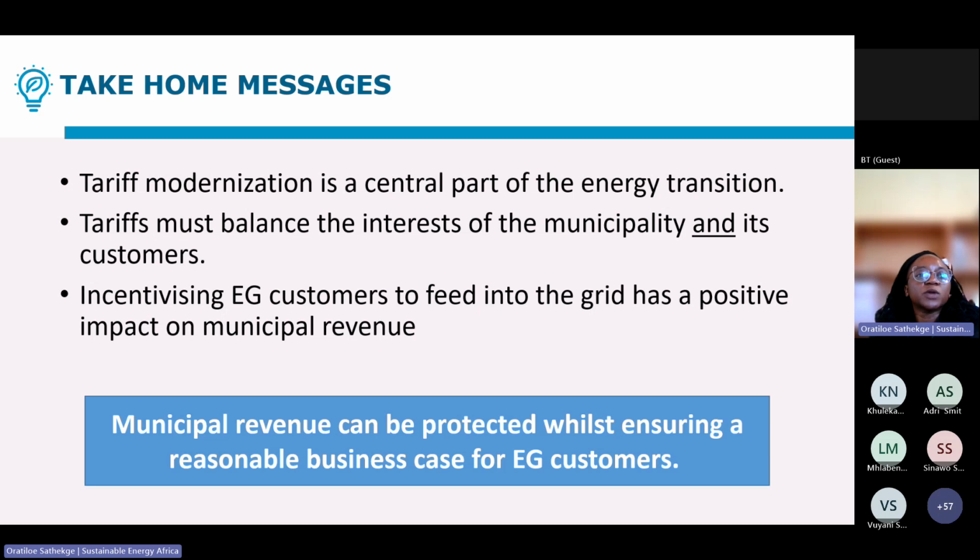So we're able to look out for the interests of the municipality as well as the customers, and we can protect the municipal revenue while also ensuring that there's a reasonable business case for our SSEG customers.